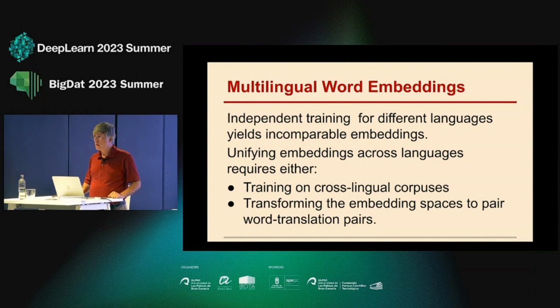Or you could try to do some kind of rotational warping of these dimensional spaces. So suppose I have an English language space and I have a Spanish language space, and I have 10,000 words that I know are translations of each other.